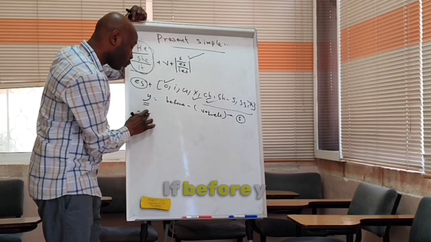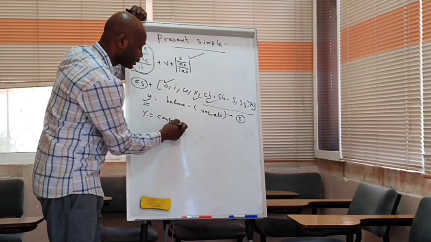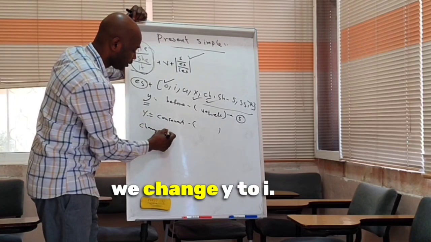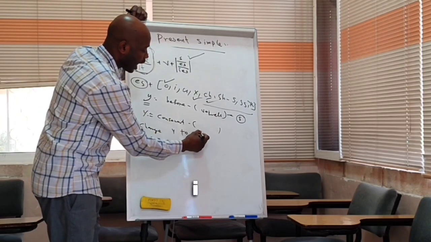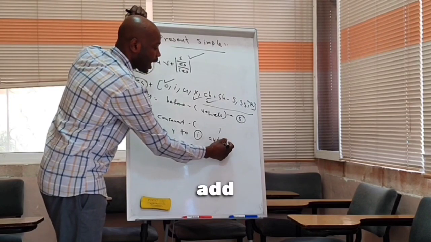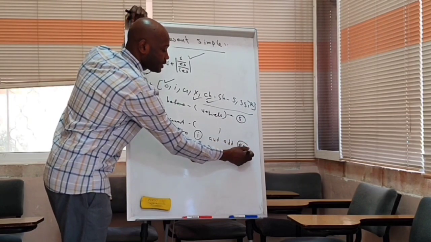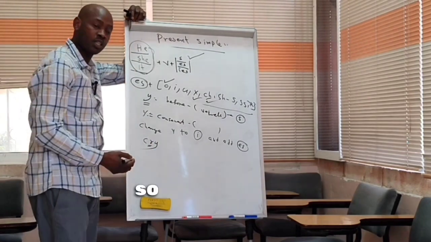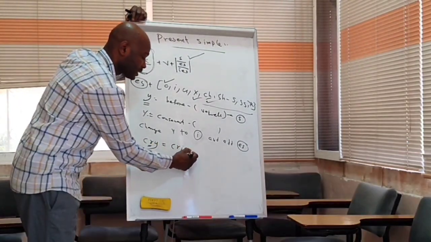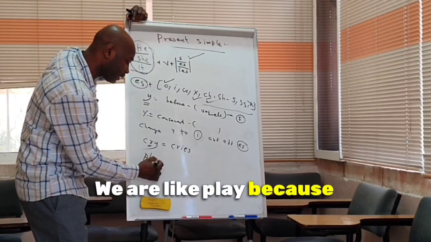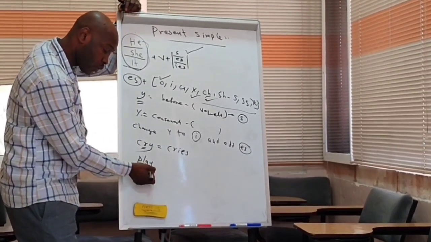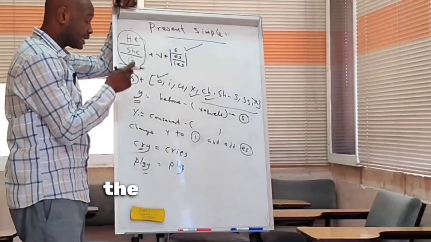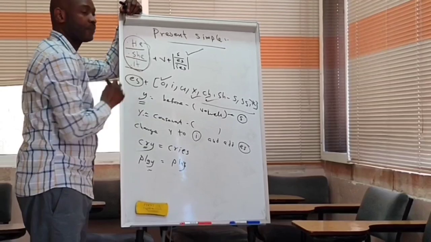If before Y there is a consonant, we change Y to I and add ES. So a verb like cry, R is not a vowel, so it becomes cries. A verb like play, because there is a vowel before Y, we say plays. In all this, the subject is supposed to be one of those three.